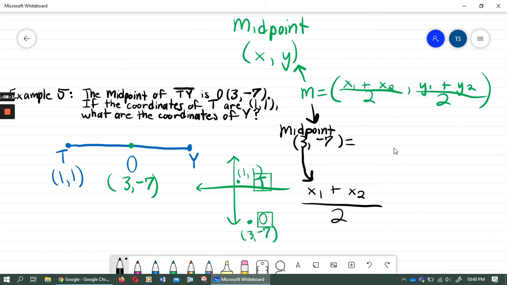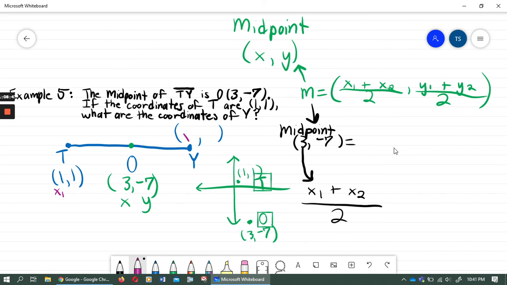Now, folks, the only part of this that we don't know right now is the coordinates for point Y. But I will tell you this, guys, if we've got our midpoint, the x and the y there, for what we've already got, 3 and -7, then this part here will be our x1.